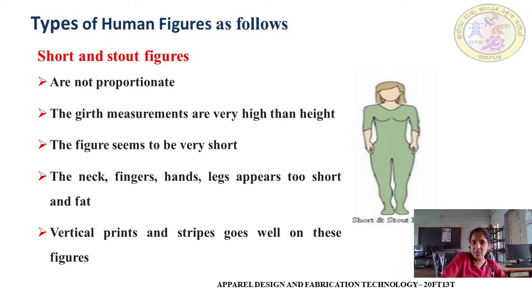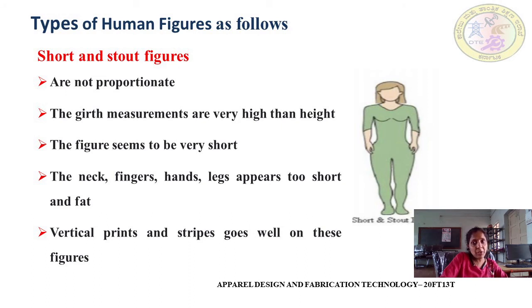And for these kinds of figures to appear taller, they would try vertical prints or vertical striped materials, so that using these kinds of materials their figure will resemble a taller figure.